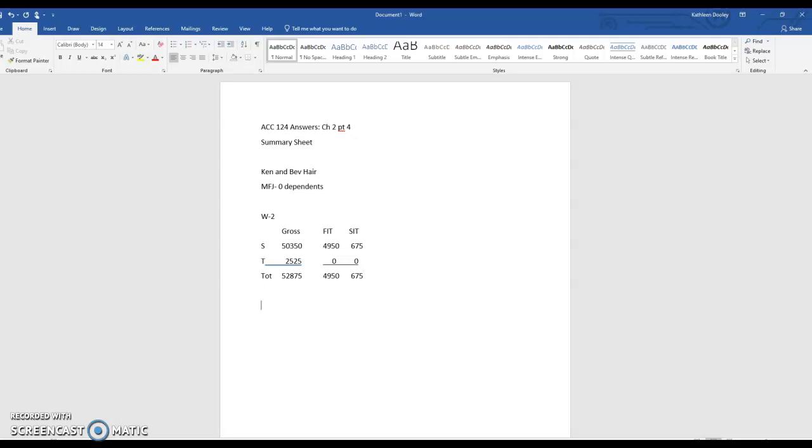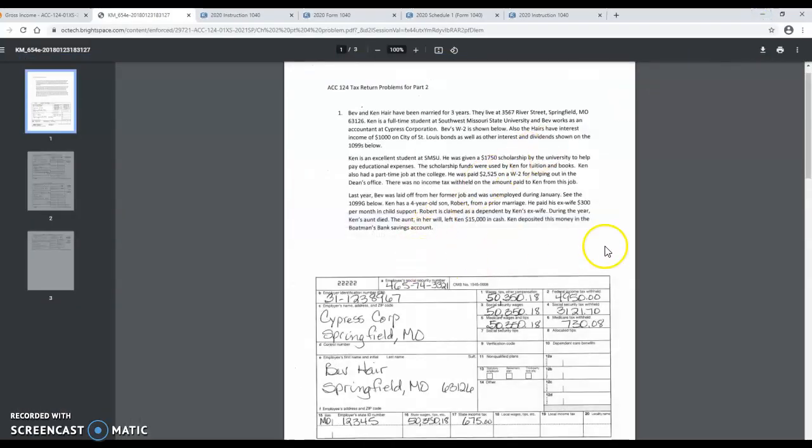The next thing down on our 1040 is interest, and a source document for that is the 1099-INT. Okay, so we get that down. We take a look here, and it says up here in the first paragraph, the Hares have interest income of $1,000 on City of St. Louis bonds.